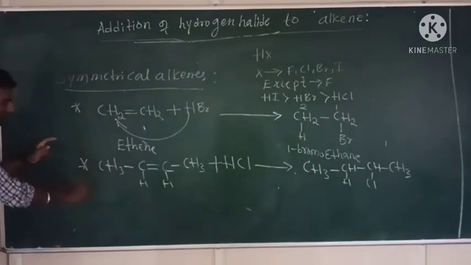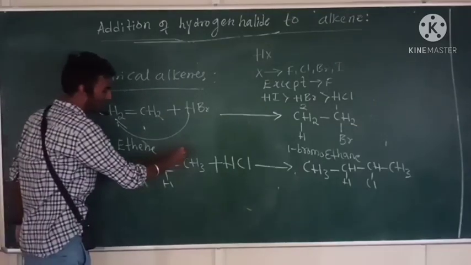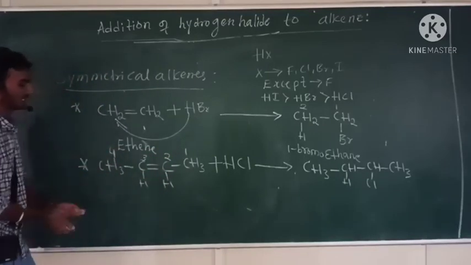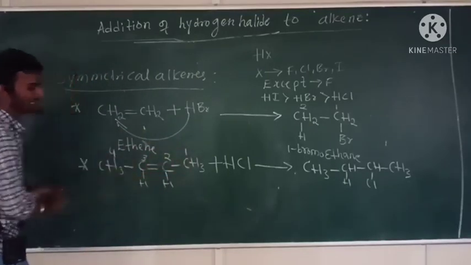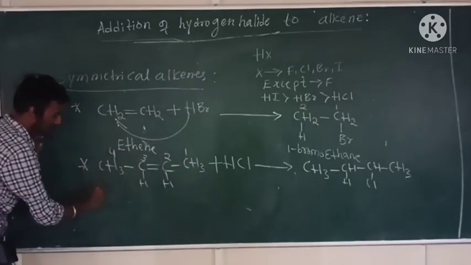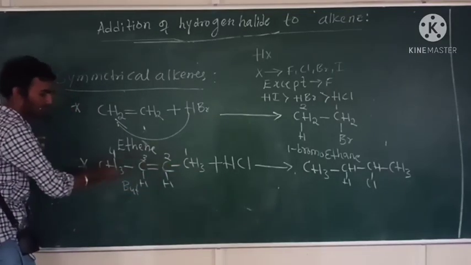Now the name of this compound. Numbering is done closest to the double bond: 1, 2, 3, 4. Start from this side or this side. Numbering close to the double bond, 1, 2, 3, 4. It is but- because the number of carbons is 4.